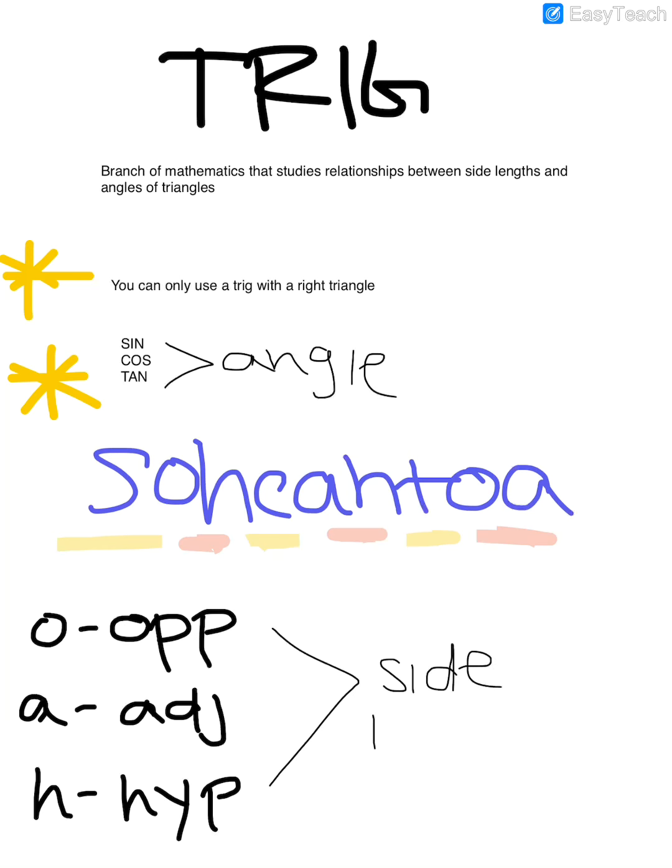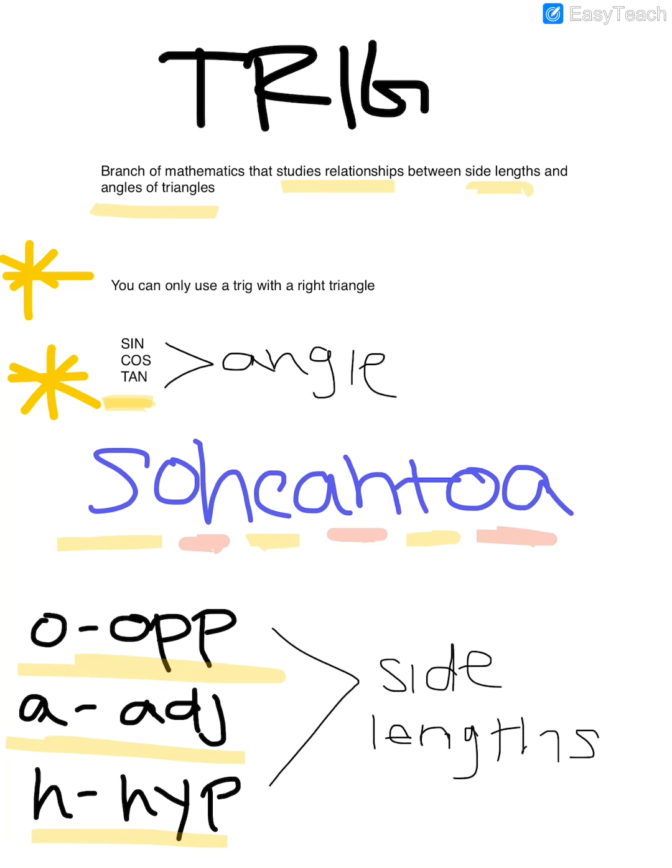And that's why the definition, if you look back up, says, oh, I'm so sorry for the messy handwriting there, but you'll see that the definition says studies relationships between side lengths and angles. So the angles are right here, and the side lengths are right here.